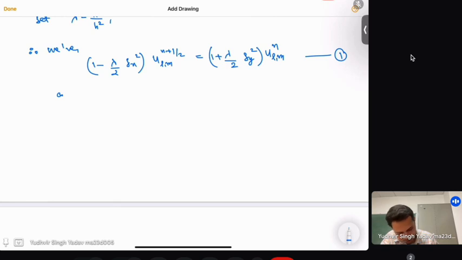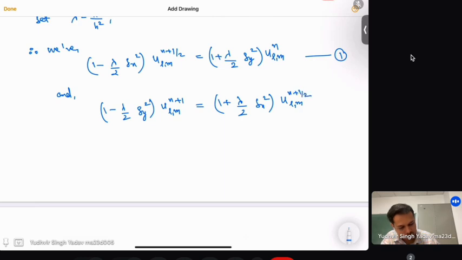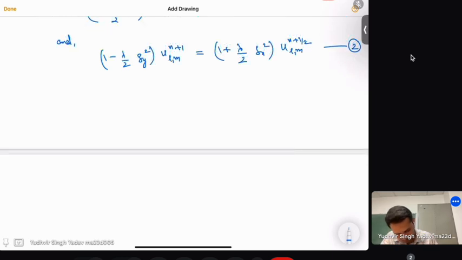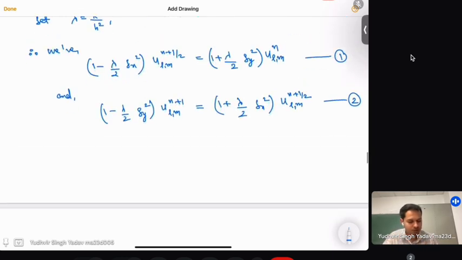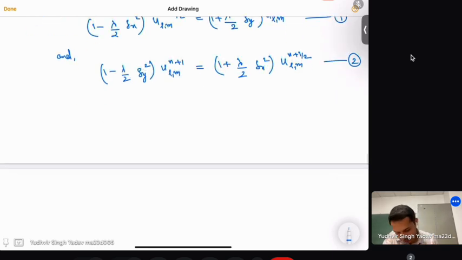1 minus lambda by 2 delta y square u l comma m n plus 1 equals 1 plus lambda by 2 delta x square u l comma m n plus 1 half. So one can note that these two steps are involved. Here n plus half doesn't have any exact meaning in solving those equations, so it is just an artificial time level that we have introduced.